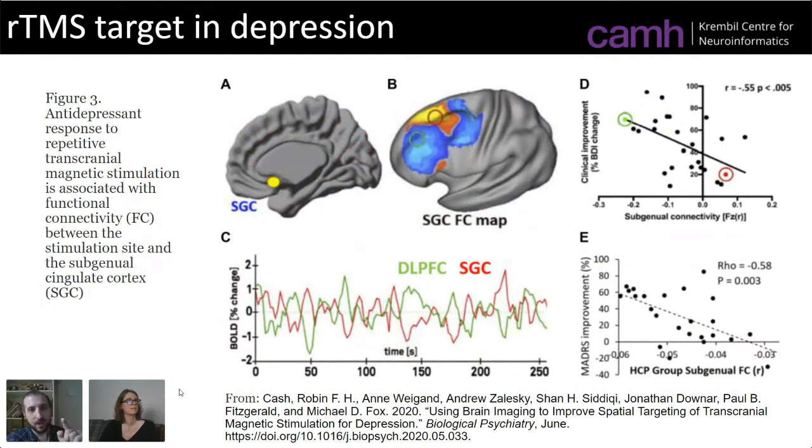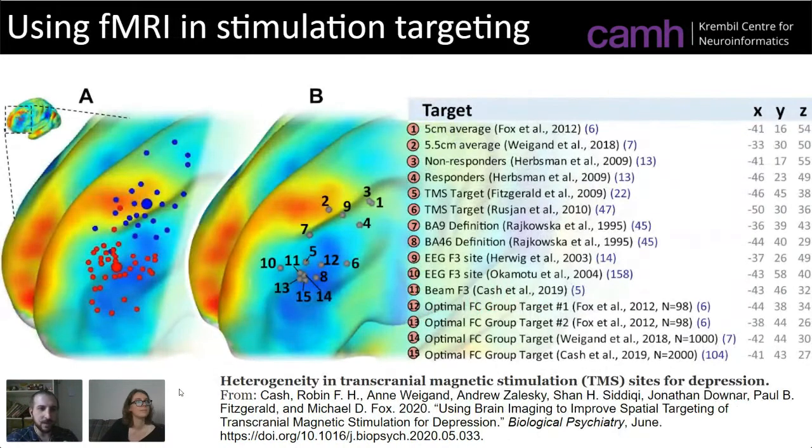Exactly. Well, actually, Erin, if you just stay on the previous slide for a second. So the background map here, the blue and red, is a seed-based functional connectivity over the surface vertices with a subgenual cingulate cortex seed. When the color is blue, it's negative, and when the color is red, it's positive.